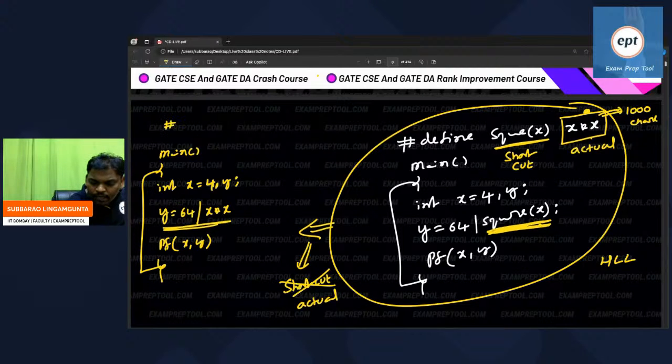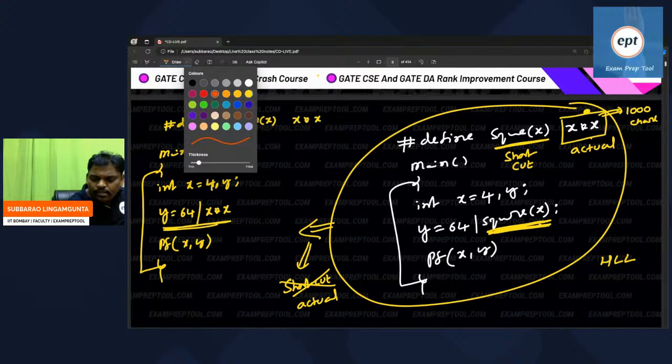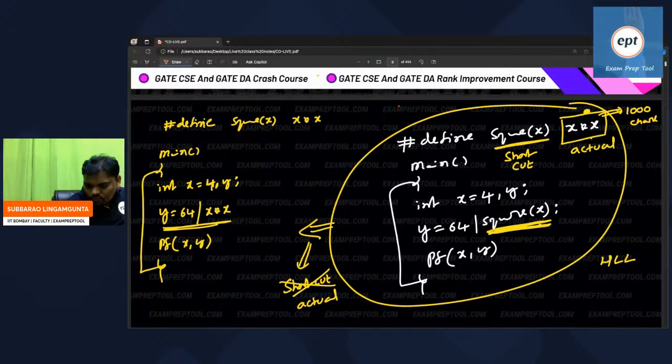See the answer. As defined, square of x into x. What the preprocessor will do is, it will replace shortcut by actual and it will delete this line, because what this line is saying is that square of x is nothing but x into x.